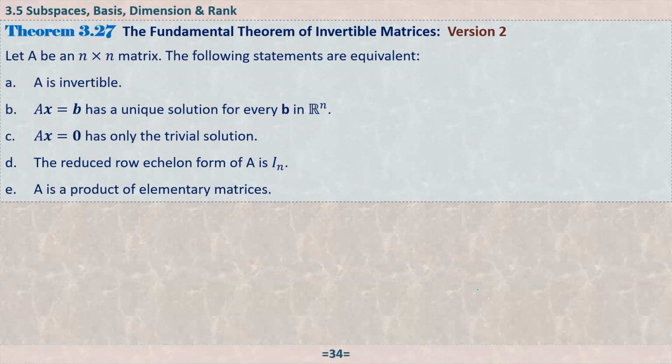If A is invertible, then the rest of the facts must be true. AX equals B has a unique solution for every B in Rn, and AX equals 0 has only the trivial solution. The reduced row echelon form of A is the identity matrix, and A is a product of elementary matrices.